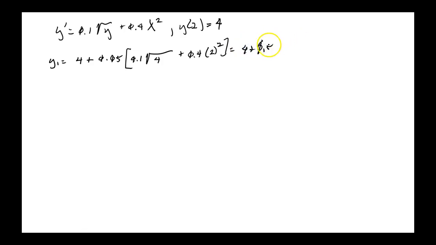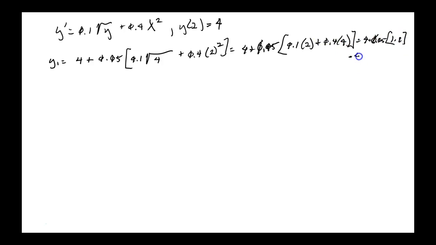4 plus 0.05, no wonder I make mistakes, times 0.1 times 2 plus, this is all the same, 0.4 times 4, and that would be 4 plus 0.05, and this part came out exactly the same. 0.2 plus 1.6, that's 1.8.